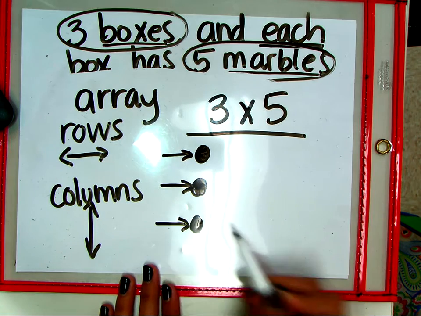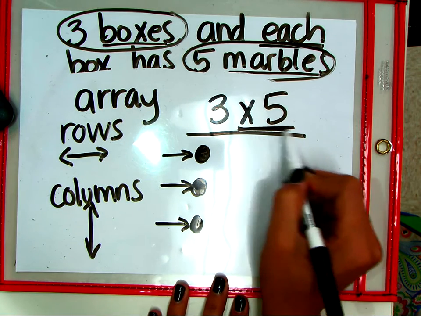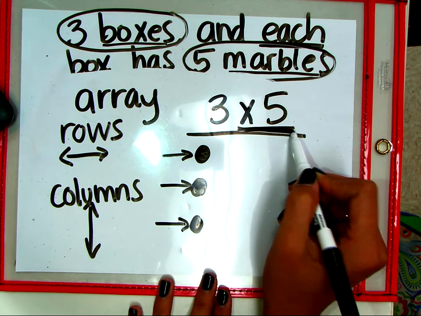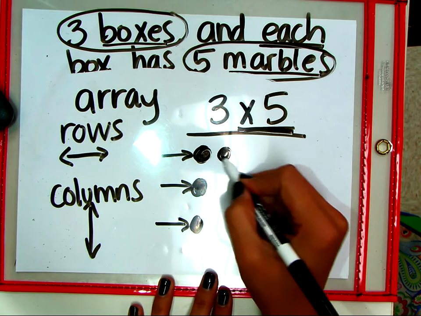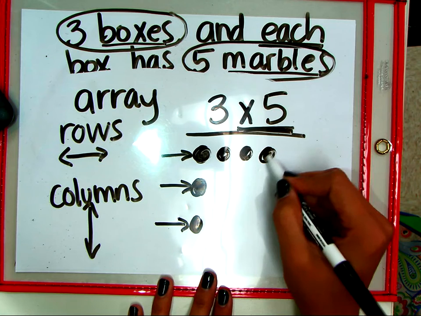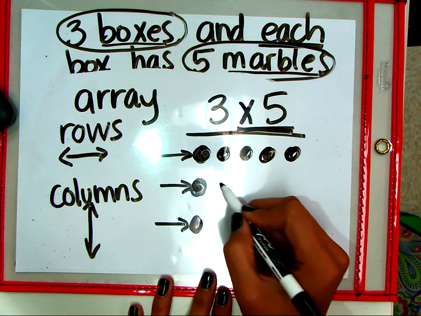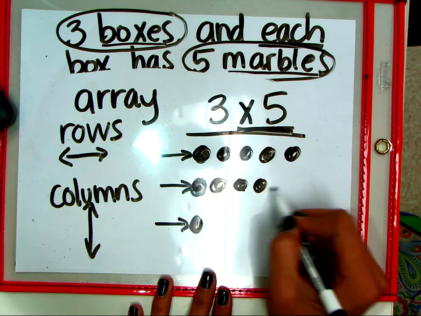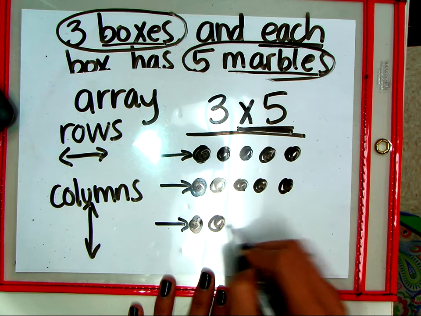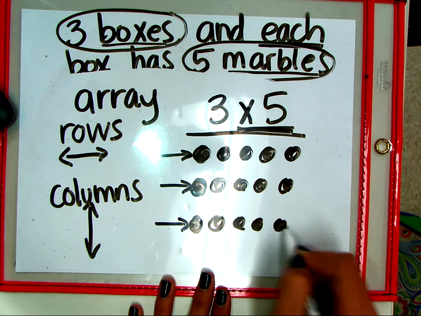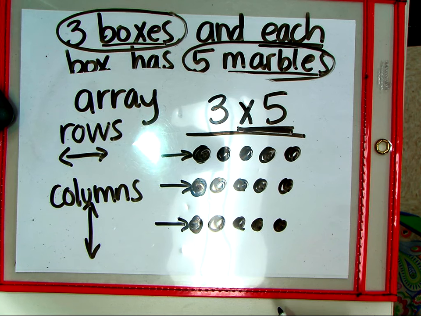I'm now going to add 5 into each row. I already have 1, 2, 3, 4, 5. 1, 2, 3, 4, 5. 1, 2, 3, 4, 5. Many students have already picked up on the fact that I am a stickler for skip counting.